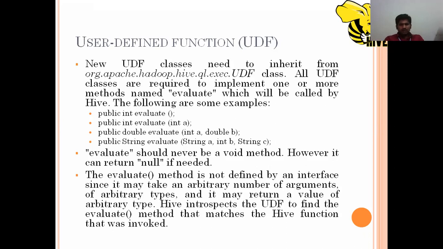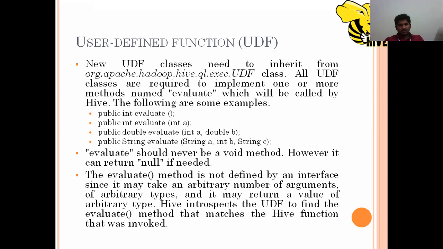The evaluate method is not defined by an interface since it can take an arbitrary number of arguments of arbitrary types. That is, any different types; arbitrary means we can use complex types. See here, one is integer, another is double, and the last is a string and integer, in different types.